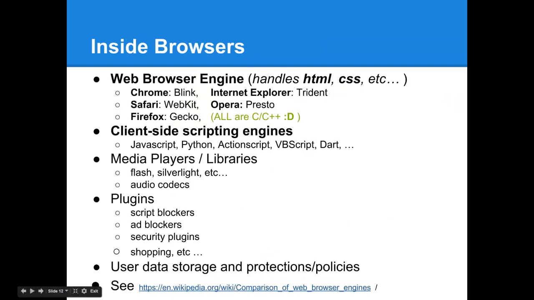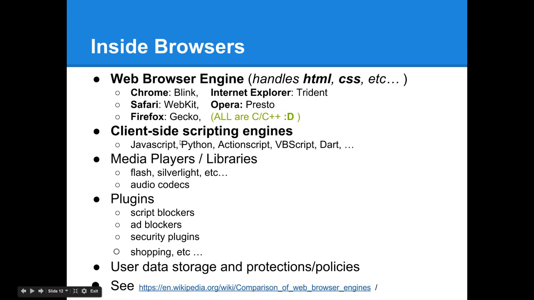And so each browser has its own unique termed browser engine, also known as rendering engine. For Chrome, it's Blink. For Safari, it's WebKit. For Firefox, it's Gecko, Internet Explorer, Trident, Opera, Presto. And all of these are also written in C and C++.